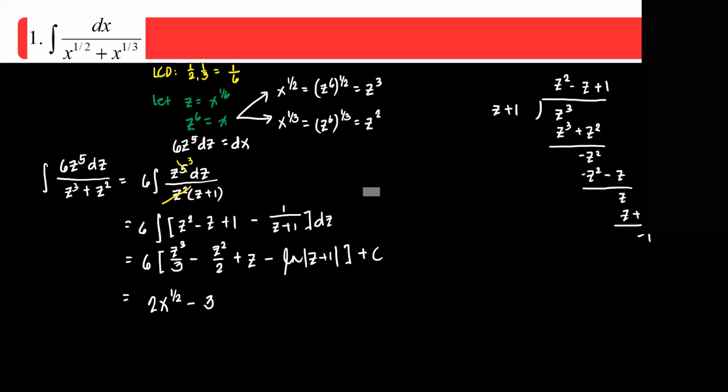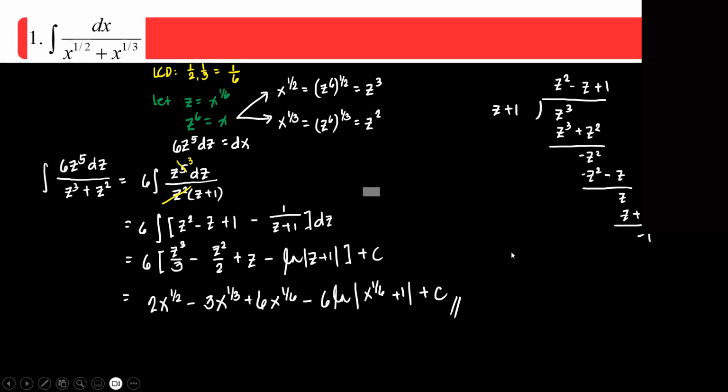And then z squared, you can see here on top, z squared is x to the 1/3. 6z, what is z again? That's x to the 1/6 minus 6 ln of x to the 1/6 plus 1 plus c.